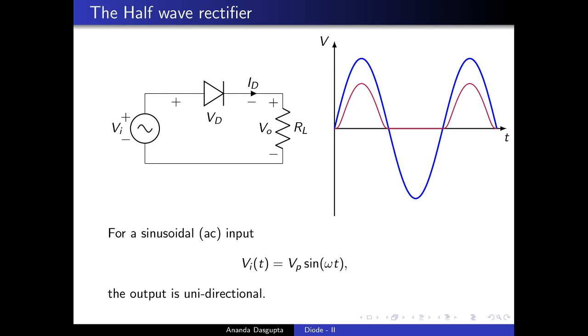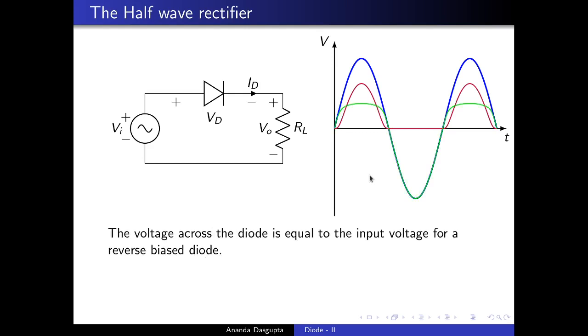So in a sense, the output is direct current, always in one direction. After all, this is exactly what the diode is supposed to do. It allows current to flow only in one direction and not in the other. As a result, the voltage across the resistance, which is of course proportional to this current, is also only in one direction and not in the other.